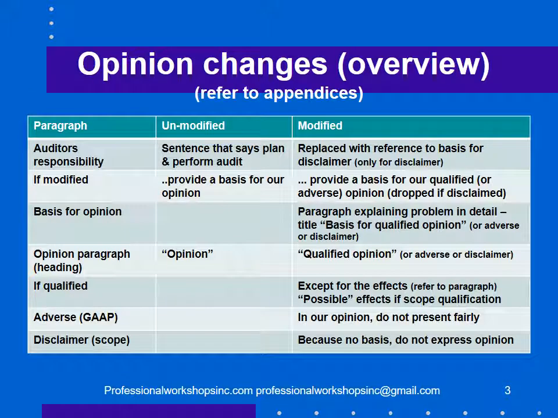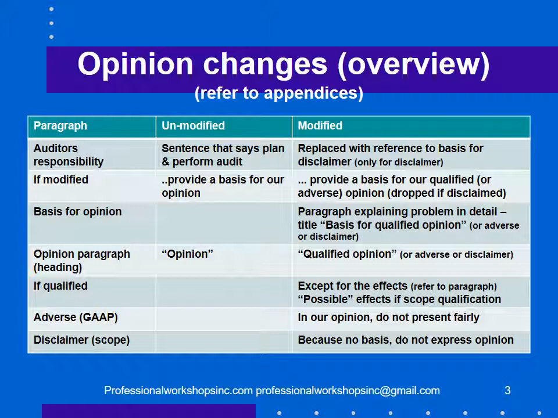Now here is an overview of the opinion changes, and this is very picky, so you have to be very, very careful. You need to refer to both the appendices and examples and to the standard to make sure that as you are writing your qualified opinion or modified opinion, you've got it right. But this is an overview of the changes.